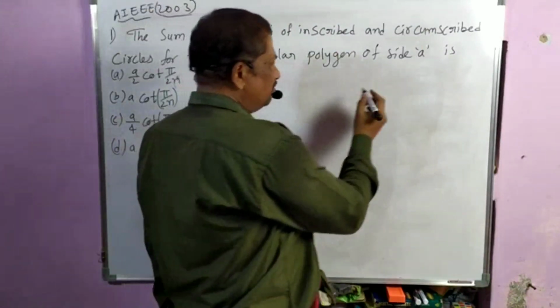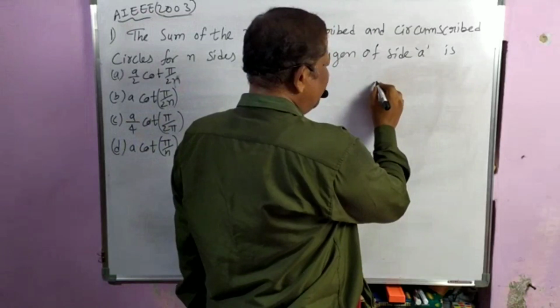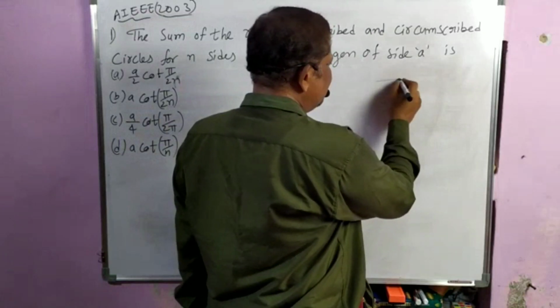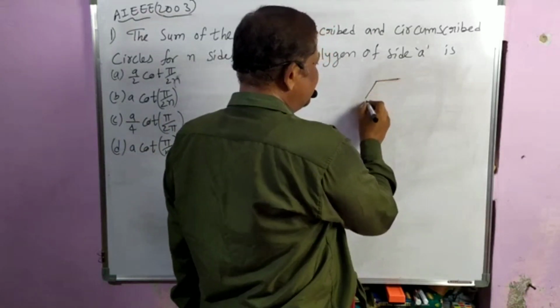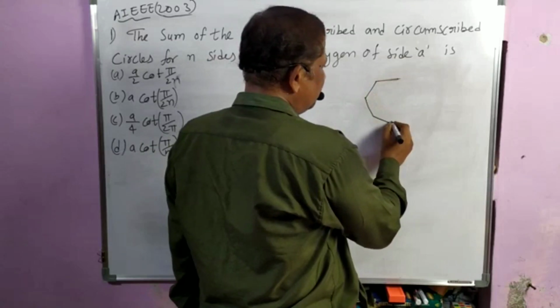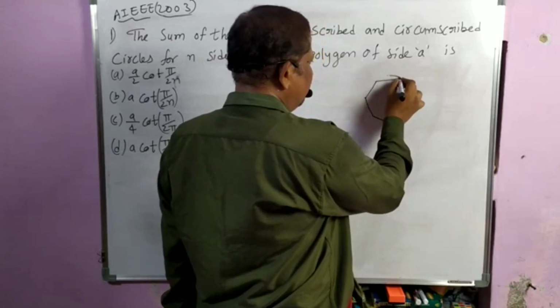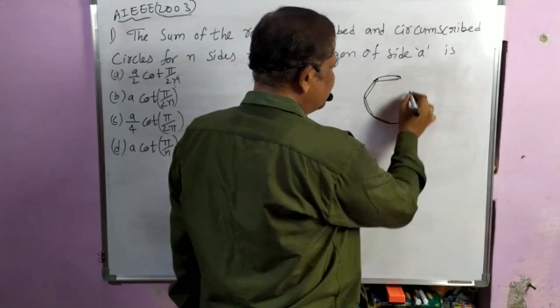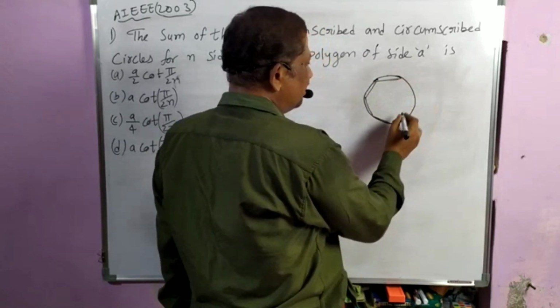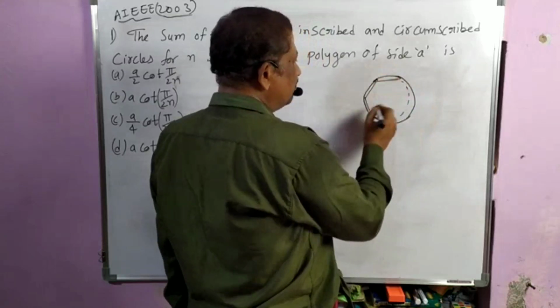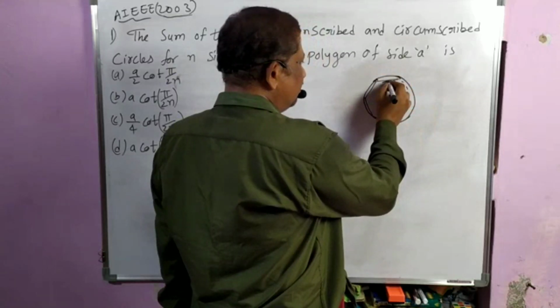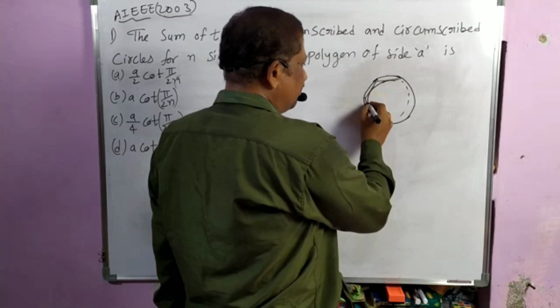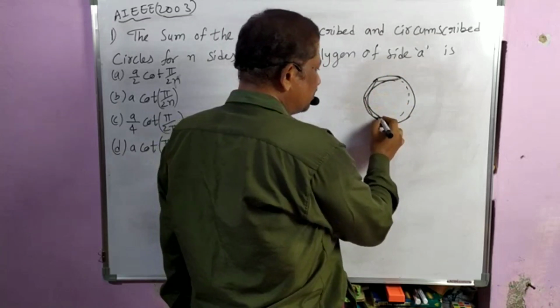Now you take some regular polygon. We don't know how many sides it has. It is given n sides. So roughly I am drawing like this. Number of sides are given, n sides. And circles also, one circle is inscribed, one circle is circumscribed.